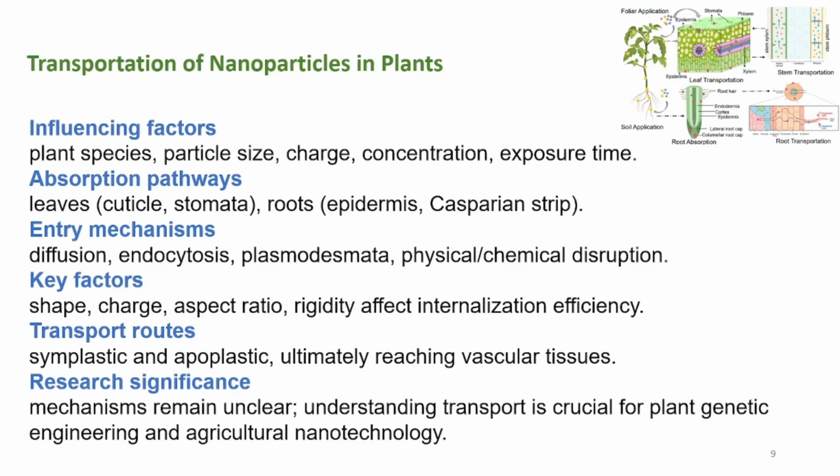The absorption and transport of nanoparticles in plants are influenced by factors such as size, shape, and charge. They enter through leaves and roots and can overcome barriers by diffusion, endocytosis, or plasmodesmata, traveling long distances through symplastic and apoplastic pathways.